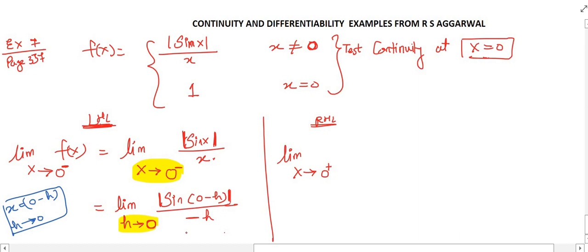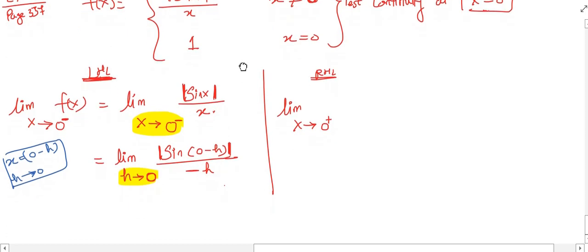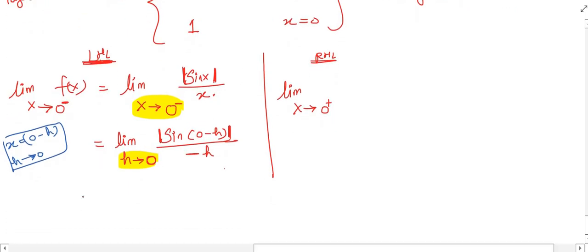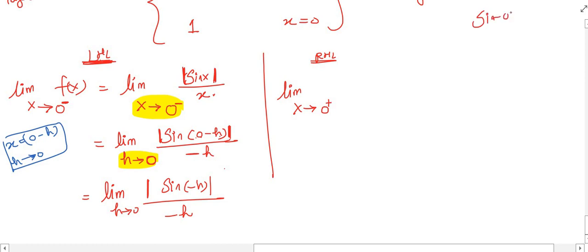Okay? We will do it stepwise. What is the next step? Slowly, let's do the next step. The next step is the limit. We need to simplify it. What is sine 0 minus h? This is sine minus h, correct? By minus h. Do you know that sine of minus theta is minus of sine theta? You know that?